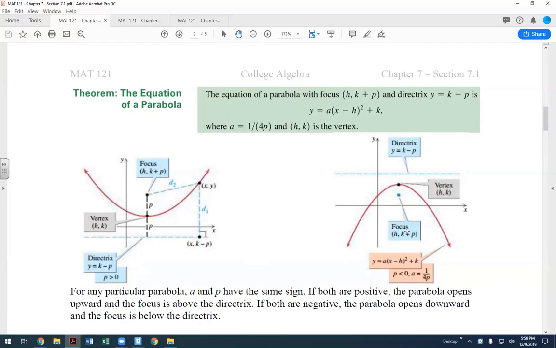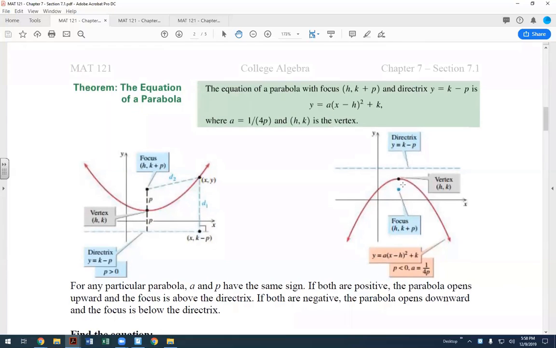Both of those are h. Vertex is k, but the focus will be k plus p. Now this distance p is basically talking about this distance here between your focus and the vertex. So right here, this distance between the focus and the vertex is what we call distance p.